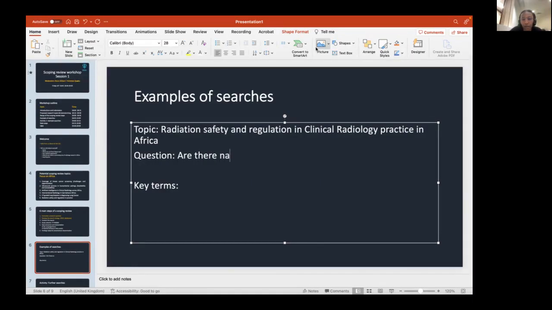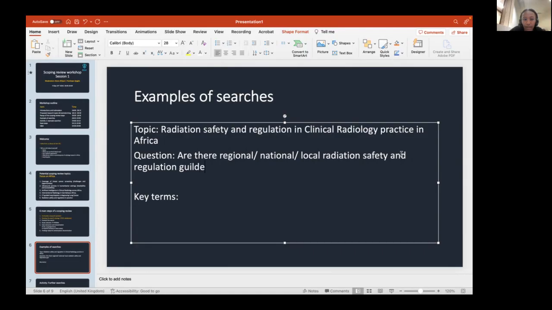Are there national, maybe we'll go in order, so regional, national, local, radiation safety and regulation guidelines for clinical radiology practice.